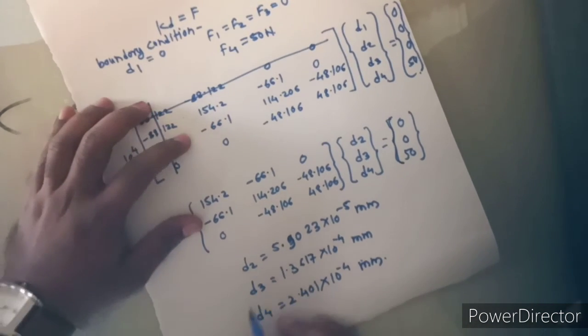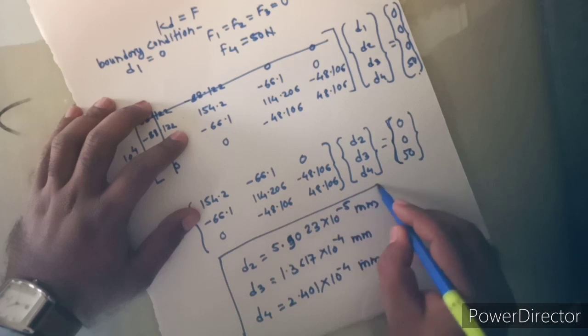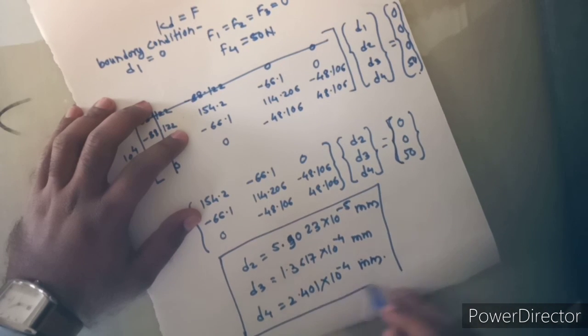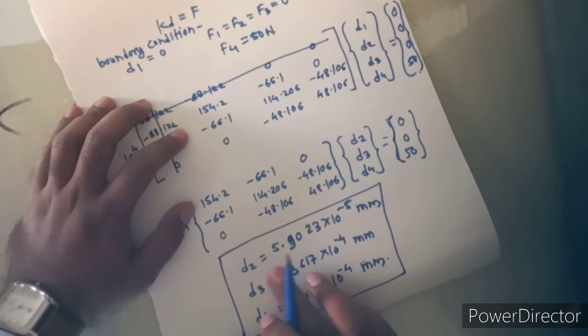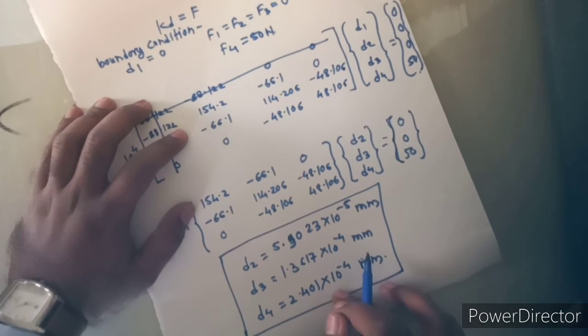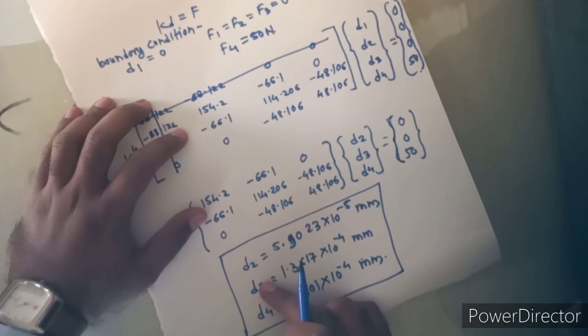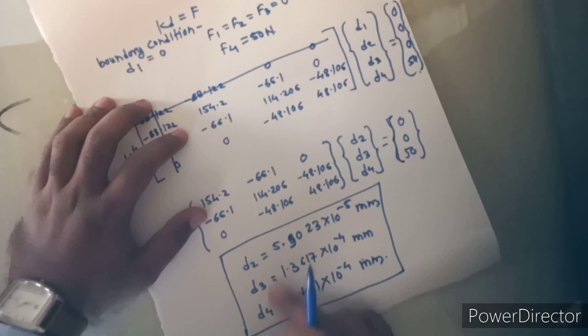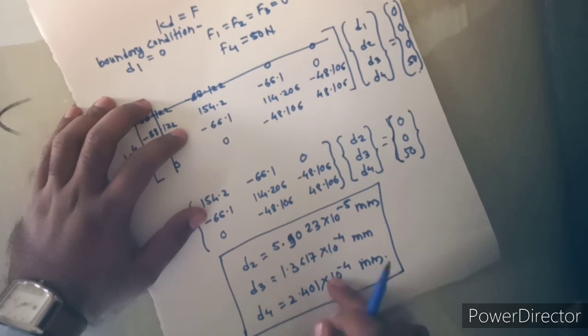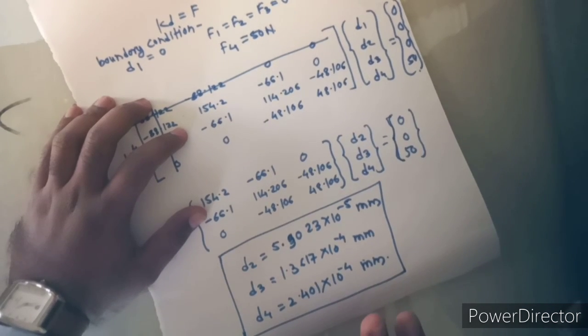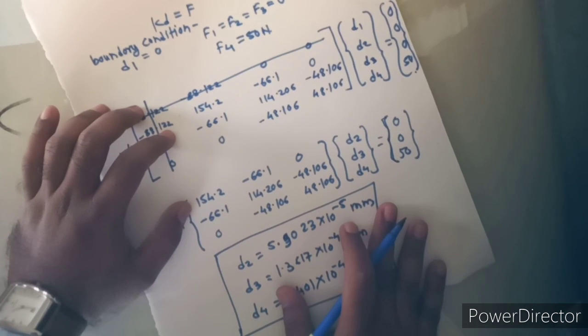This is the final solution of your problem, finding the displacement values D2, D3 and D4. These are the displacement values for the first, second, third elements. Okay, got it?